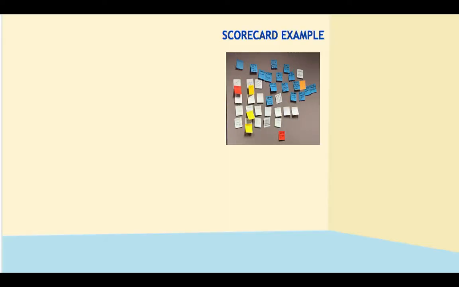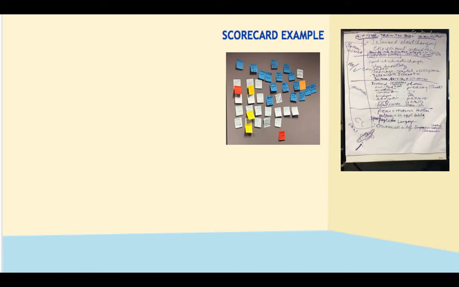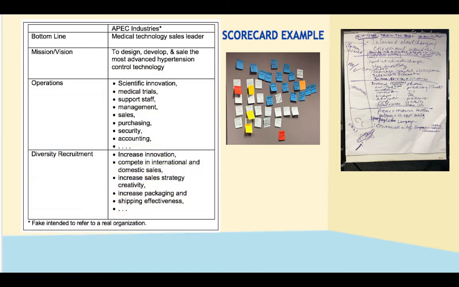If you will look on the screen here, you'll notice that we have an example of Post-its on the wall, a handwritten scorecard that has been developed using these procedures, and then we've typed out an example as well so that you won't have to squint your eyes so much.